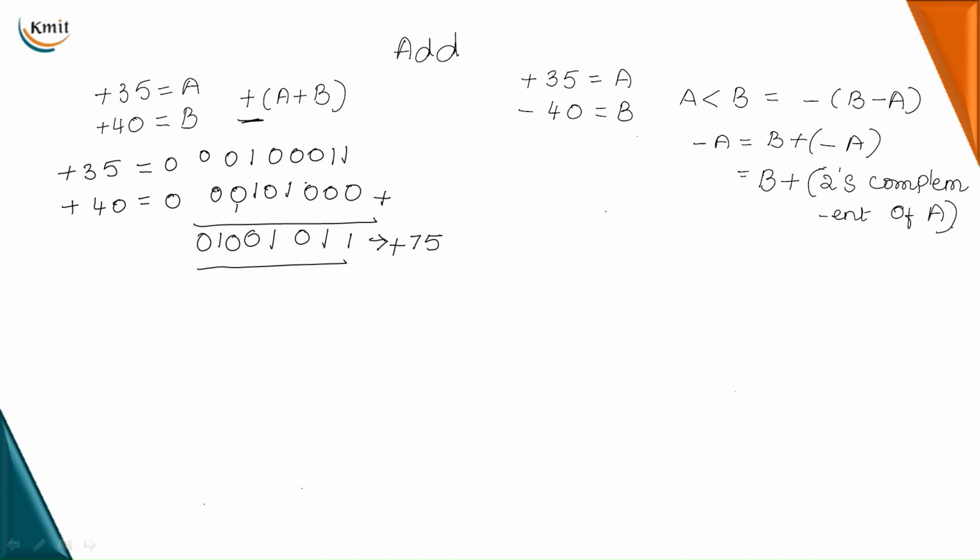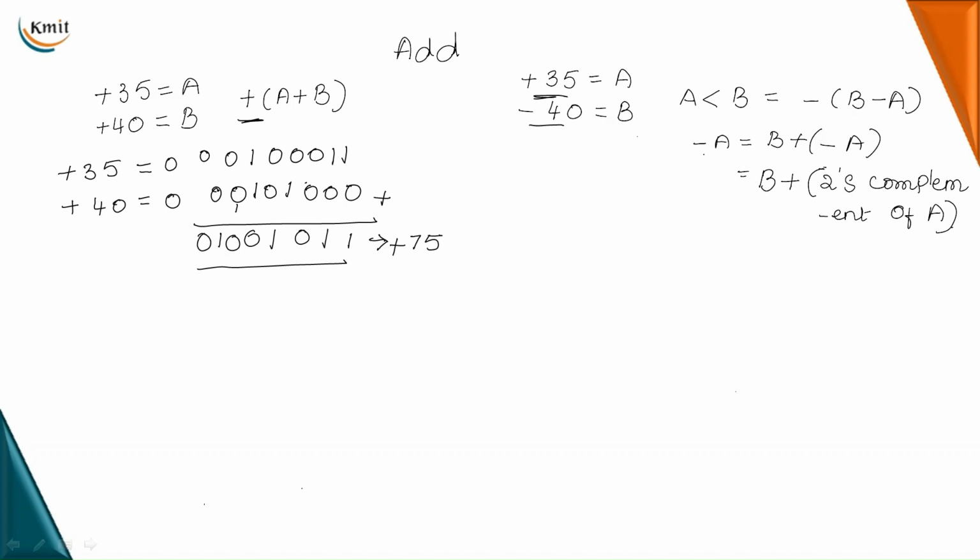Next, we'll see one more example where the first operand is a positive value and the second operand B is a negative value. My first operand A is plus 35 and the second operand B is minus 40.